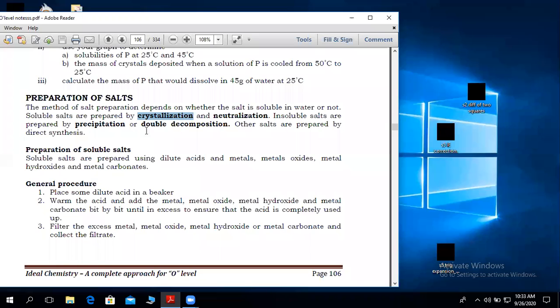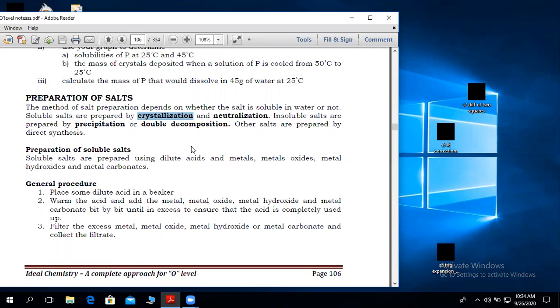I was advising you to use lead 2 nitrate and sodium carbonate. So make a correction. Instead of using carbonic acid, use lead 2 nitrate, which is soluble, and sodium carbonate or potassium carbonate. You get that? Or ammonium carbonate.